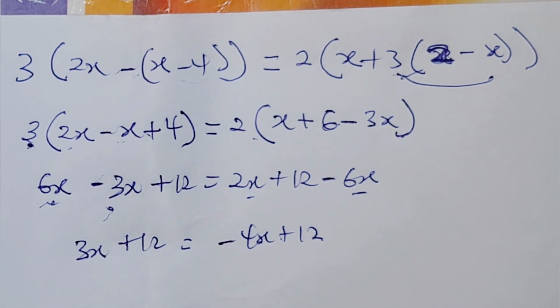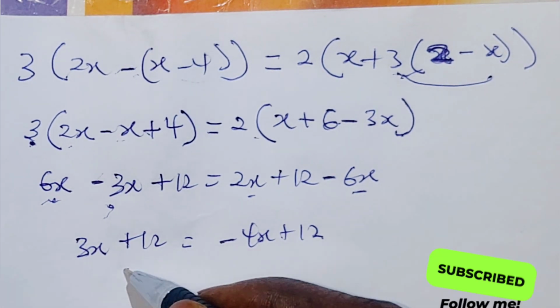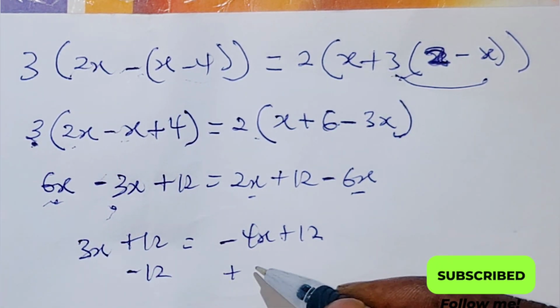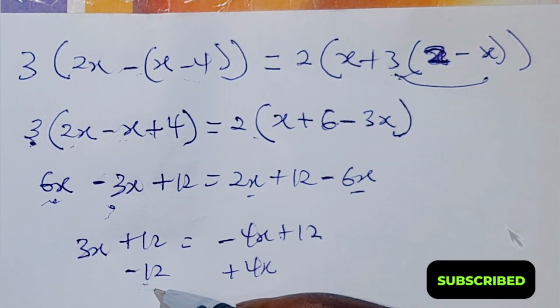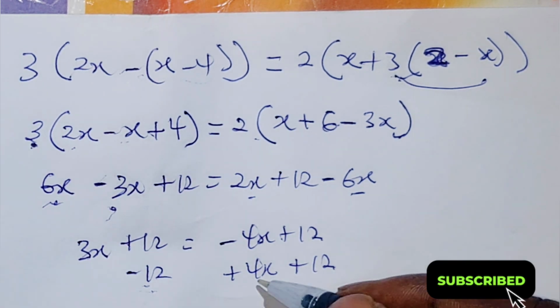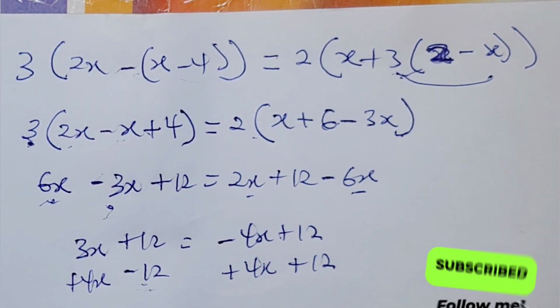So from here, as usual, we group like terms, or we subtract 12 from here and then add 4x here. But don't forget that because you took away 12 from here, you need to add the 12 here. And because you added 4x here, you need to add 4x here. Hope you get that.